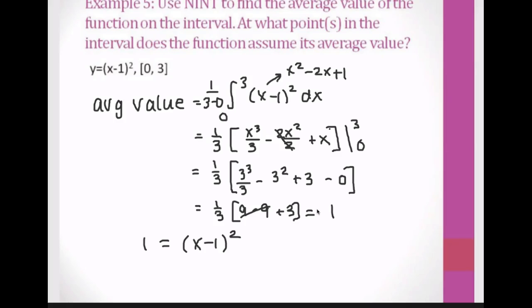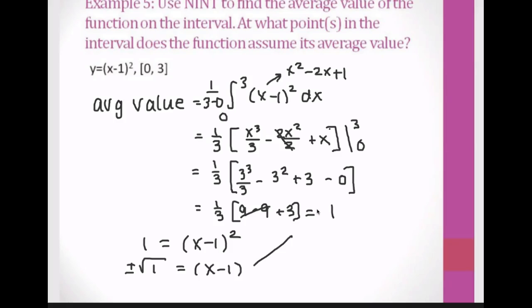And this is kind of like a completing the square problem. So what you're going to do is square root both sides. When you square root both sides, you have to make sure you don't lose out on the plus or minus for the square root of 1. So it's plus or minus the square root of 1 equals x minus 1.